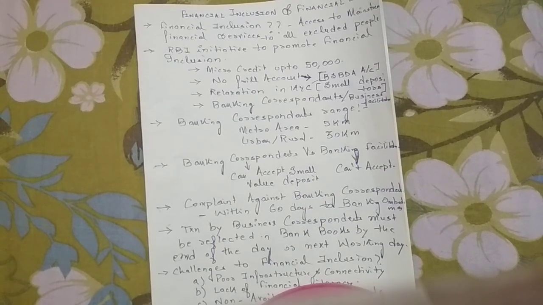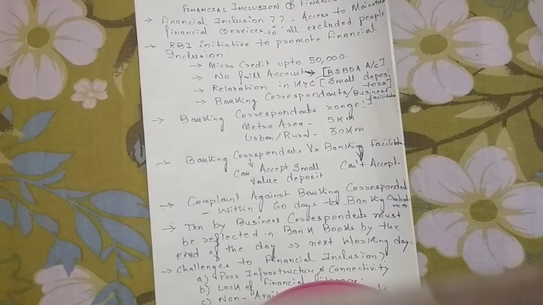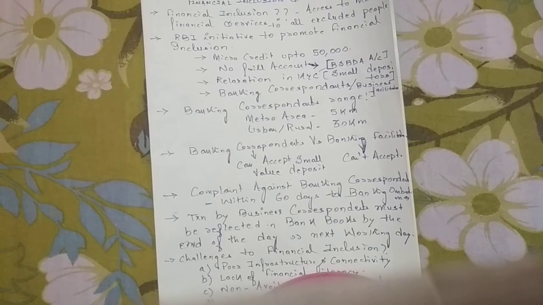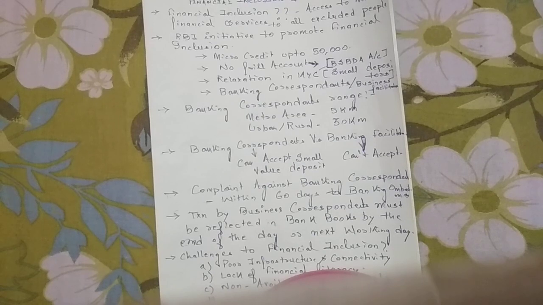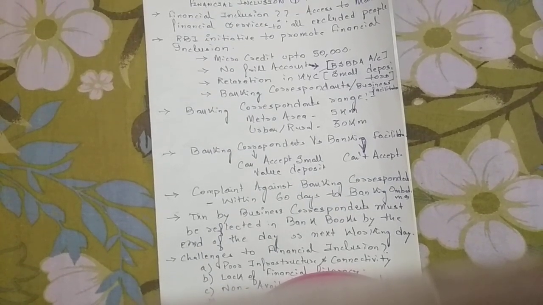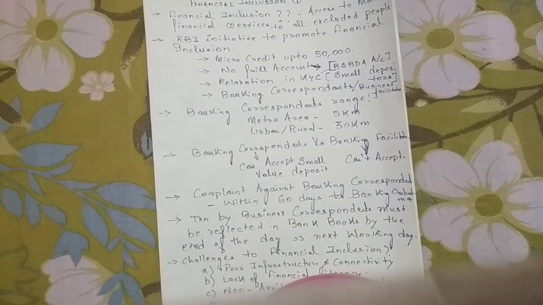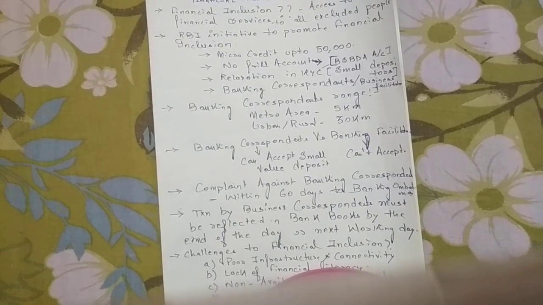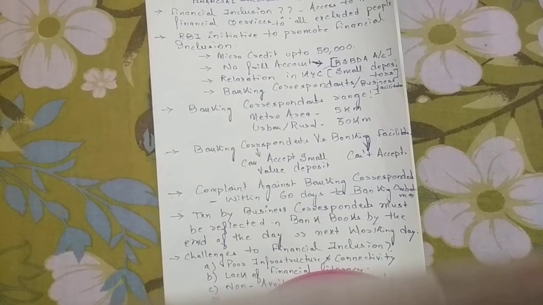So what is financial inclusion? Financial inclusion is nothing but access to mainstream financial services for all excluded people. What people, especially rural people, do right now is that they are very averse to coming to the bank, for lots of reasons. They are very close to the micro institutions or informal institutions where they take loans at a very high rate.